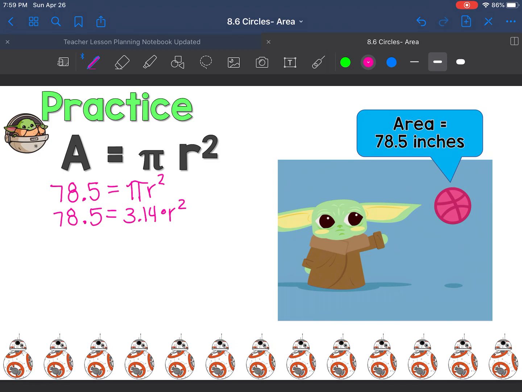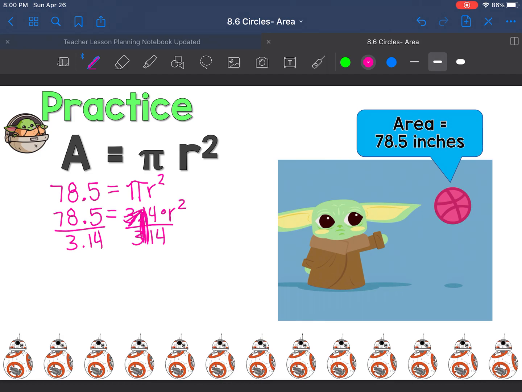In order to get r squared by itself, I need to get rid of that multiplying 3.14. So in order to do that, I need to do the inverse. The opposite of multiplying by 3.14 is dividing by 3.14. So I'm going to divide each side by 3.14.